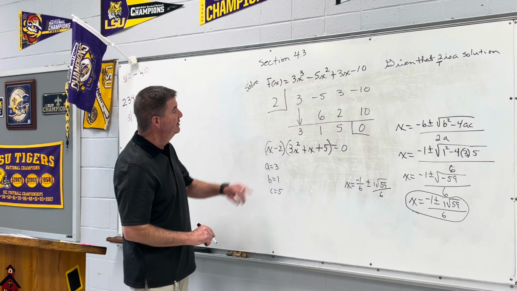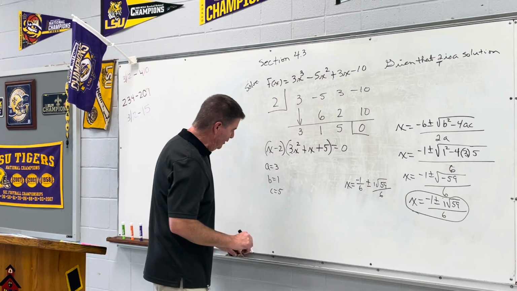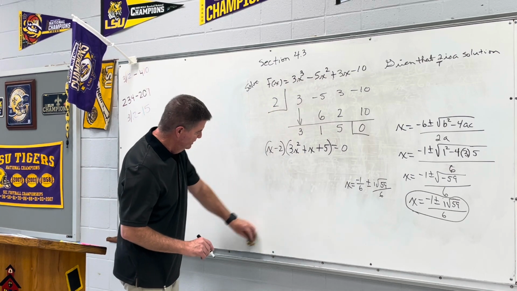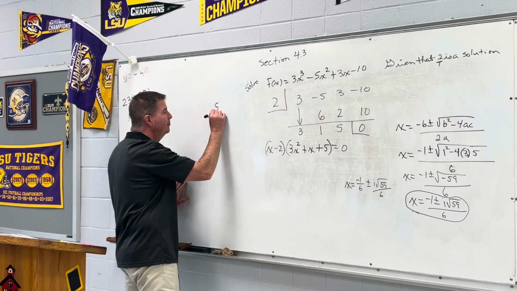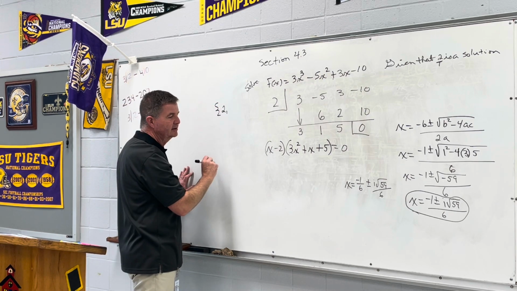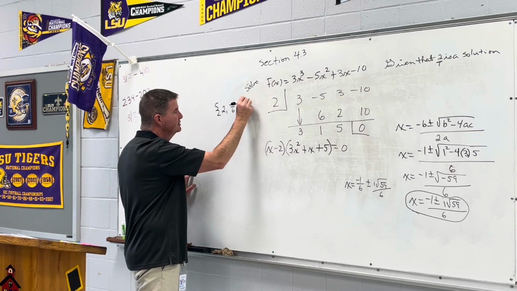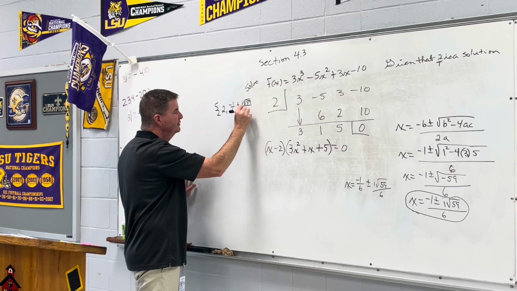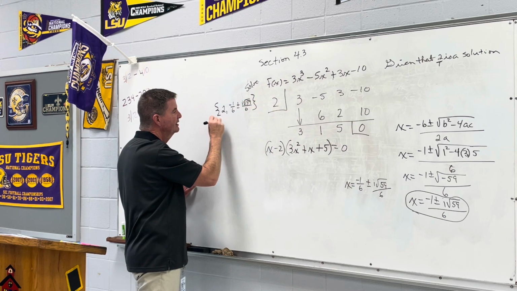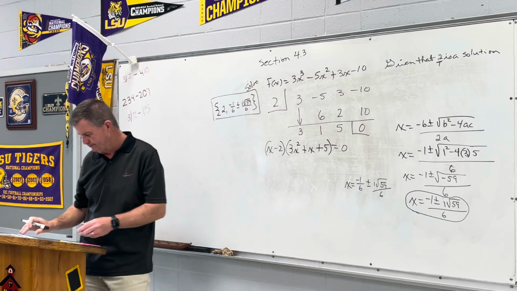And of course the other answer is 2, which is what they gave to us. So if I wanted to write this in the form that they should want, it should be 2 as an answer, and then negative 1/6 plus or minus i square root of 59 over 6. That should be the form that they're asking for.